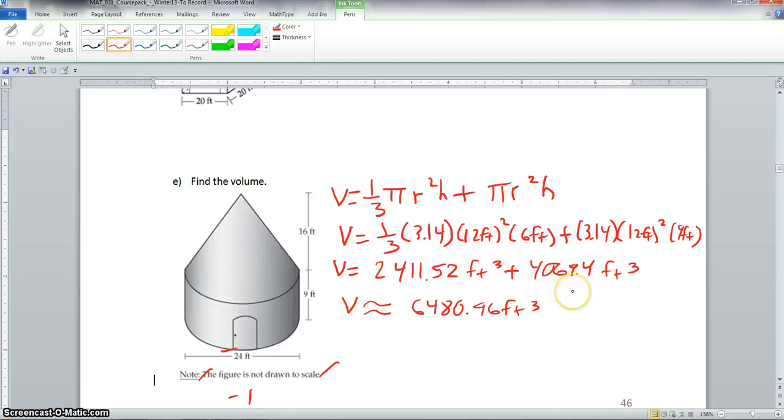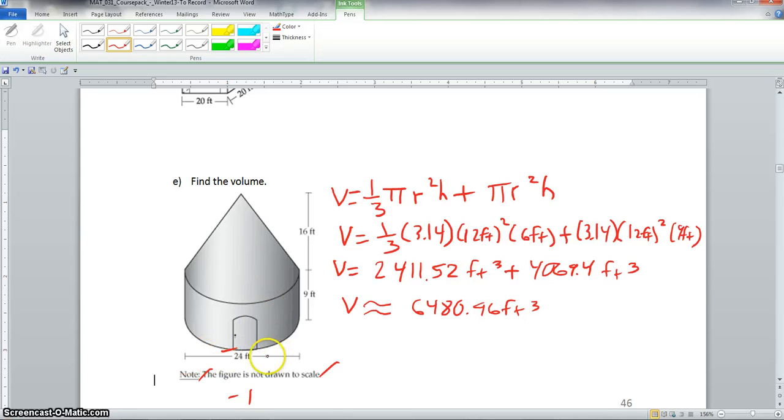Now we move down here to E. We have the volume. We have 1/3 times pi radius squared h plus pi radius squared h, because we have a cone over a cylinder. So now we did the cone first, and then we did the cylinder here. So it'll be 1/3 times pi, which is 3.14, times 12 squared, which is our radius.